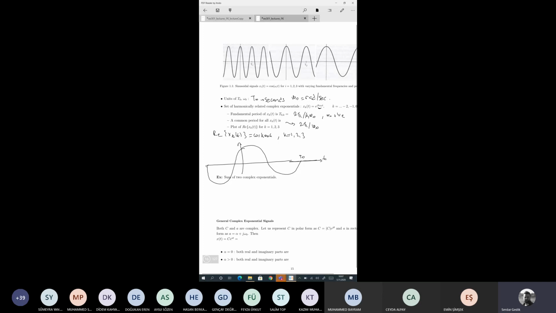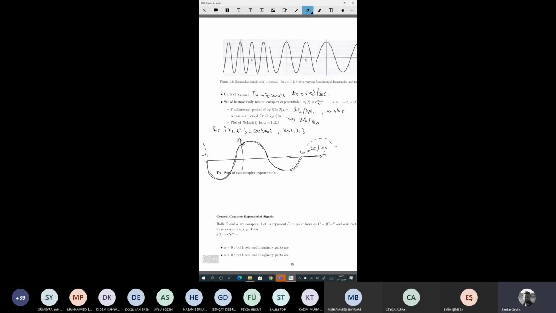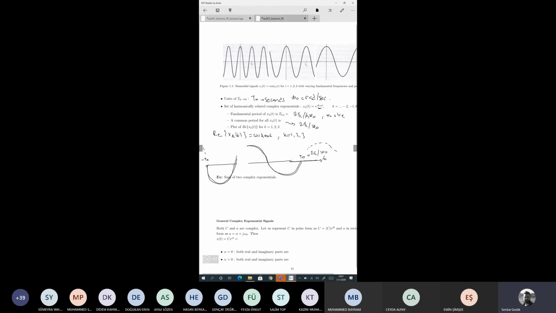Let's say this is t0, which is equal to 2 pi over omega 0. You see that this is the period of the signal. It does one cycle, then repeats itself again. So let's draw the origin at the correct location. Okay, this is better.